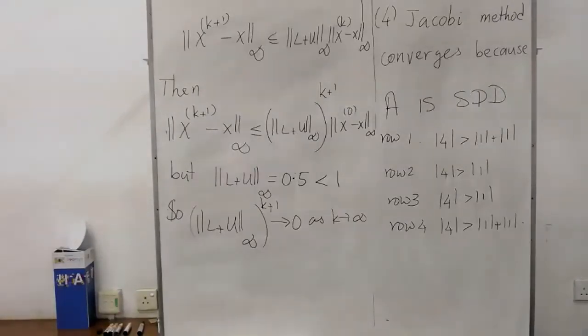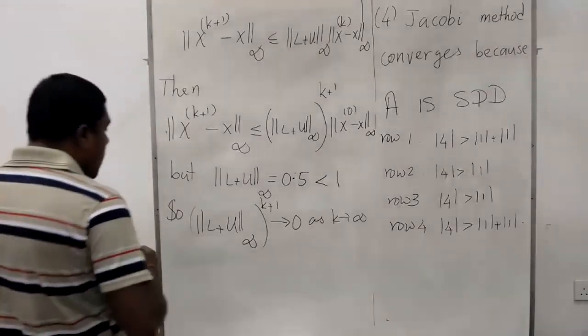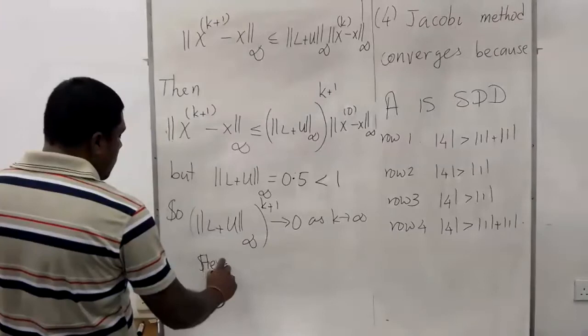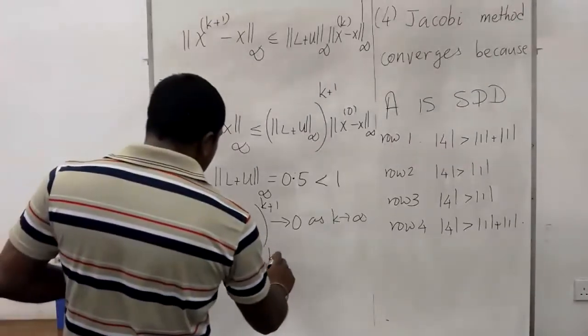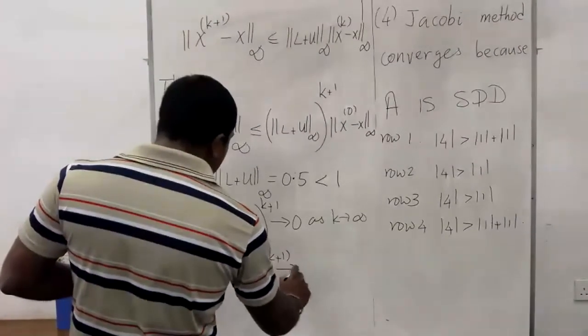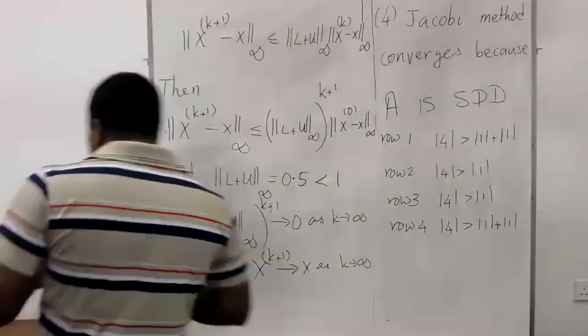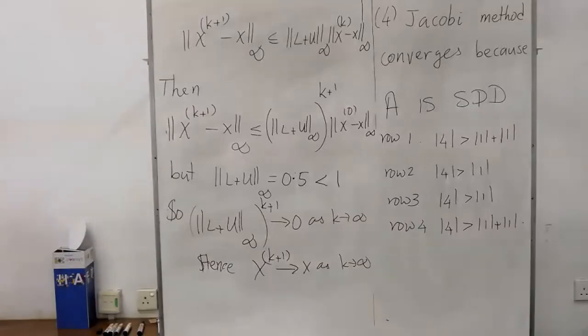You all know that. If that goes to 0, then clearly xk plus 1 will converge to x as k goes to infinity. So that also guarantees the convergence.